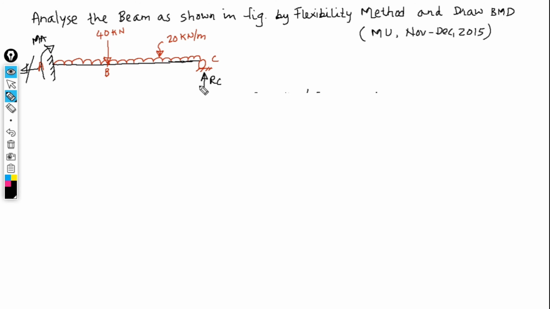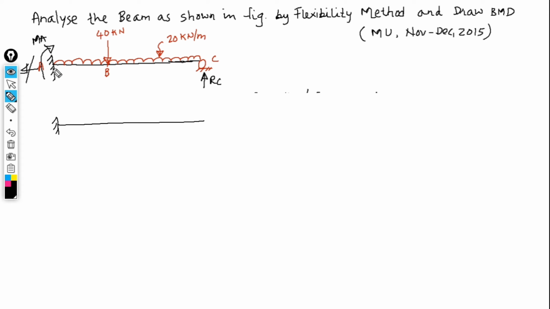When you remove RC, or you can say when you remove this roller support, the basic structure will be a cantilever structure subjected to given load. Or when you remove moment at A, the resisting moment at A, the fixed support will be converted into hinge support. So the basic structure will become a simply supported structure.